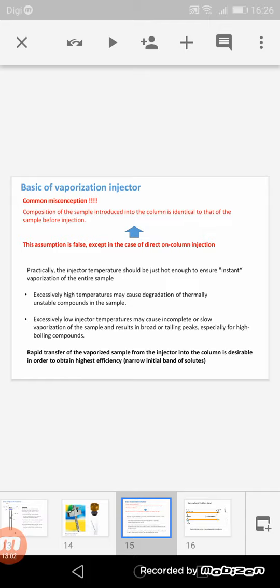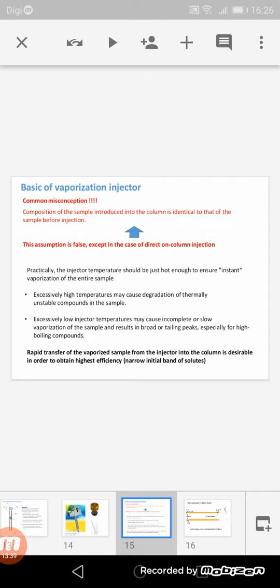Therefore the composition of the sample introduced to the column is not identical to the sample before injection, because all those thermally unstable compounds will be affected in the vaporization injector. And excessively low injector temperature may cause incomplete or slow vaporization of the sample, resulting in broad or tailing peaks, especially for high boiling point compounds.